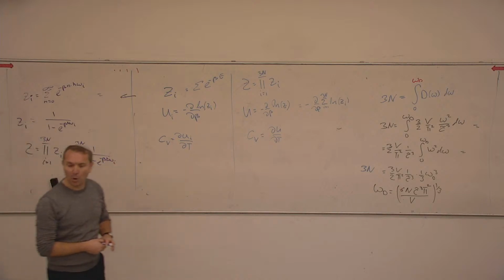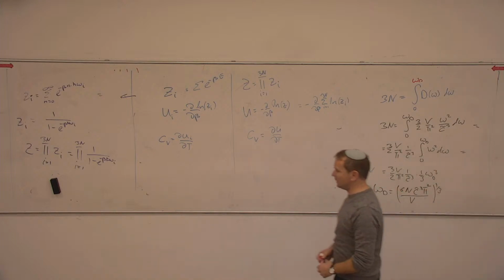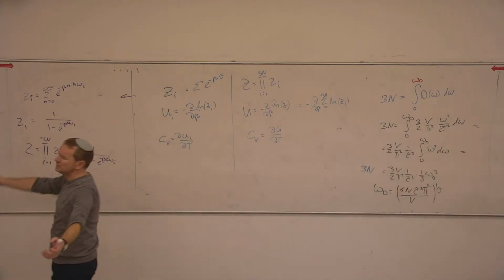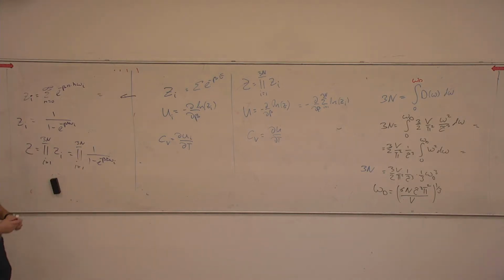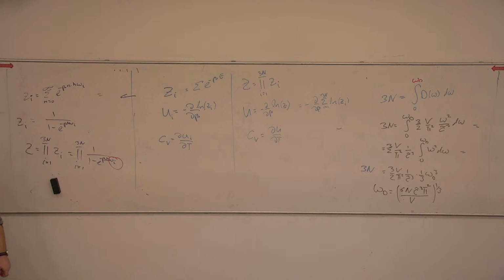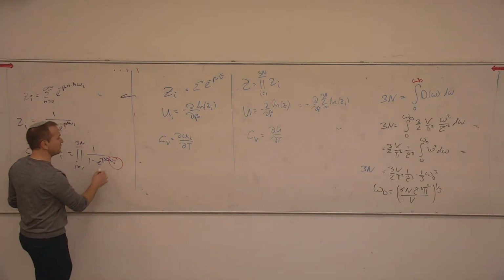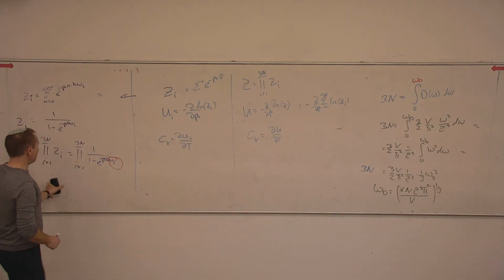And here we hit the wall, because we have no idea, and this is why we calculated all those density of states and so on, we have no idea what all the different omega i's are. This is why we started with everything, right? We don't know what those omega i's are.